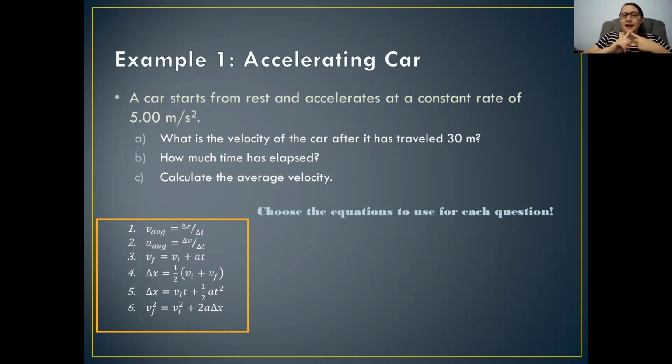But if we look at the problem, we are not given a time. So any equation that has the variable t is not going to be helpful to us right now because we just don't know that information. So we want to find an equation that has final velocity, initial velocity, acceleration, and change in position.